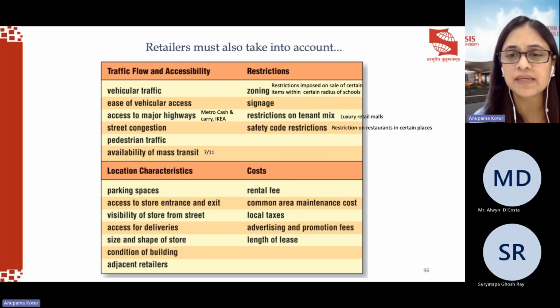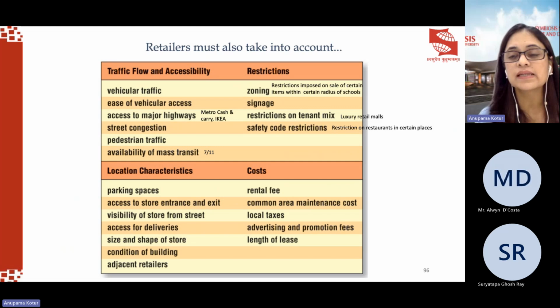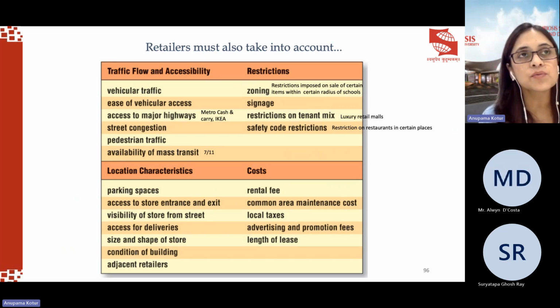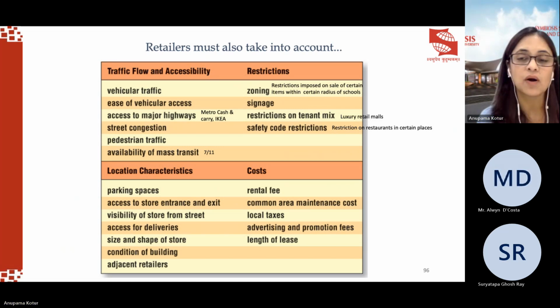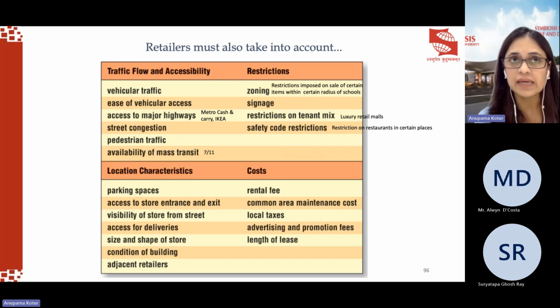Restriction on tenant mix. For example, for luxury retail malls, it is in their interest, because they want to be seen as a luxury retail mall, not to have any other high street fashion shops opening on those floors or particularly in that mall itself.